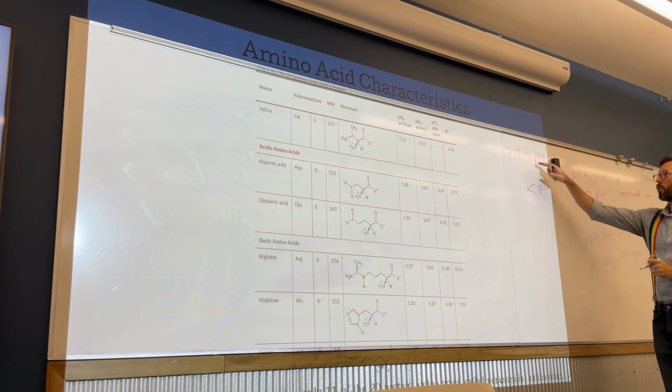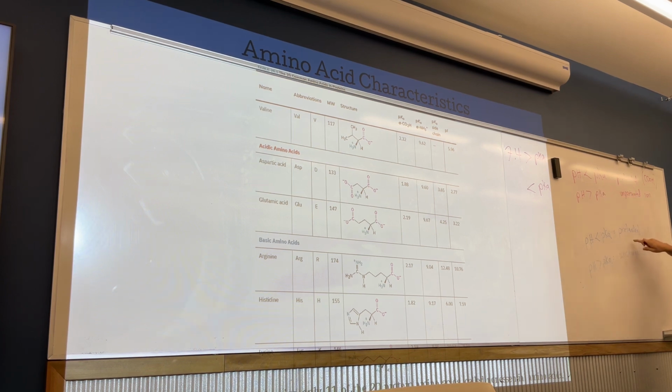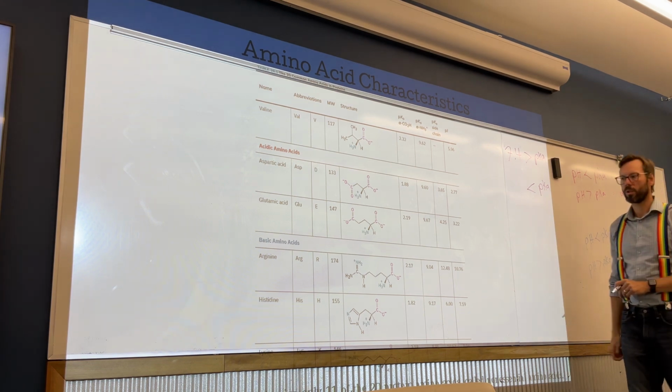Right? So pH greater, it's going to be unprotonated. And that's what that is, right? The histidine. pH less than, it's going to be protonated. So it's going to be like that.